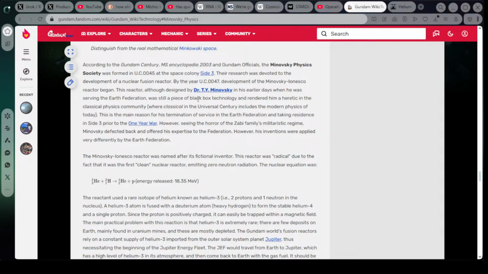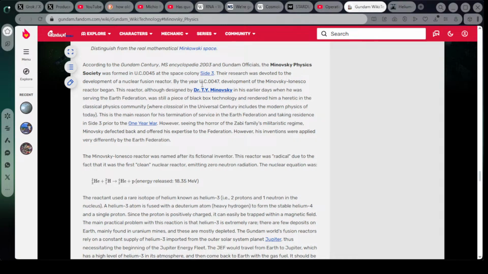According to the Gundam Century, MS Encyclopedia 2003, and Gundam officials, the Minovsky Physics Society was formed in Universal Century 0045 at the Space Colony Side 3. Their research was devoted to the development of a nuclear fusion reactor.